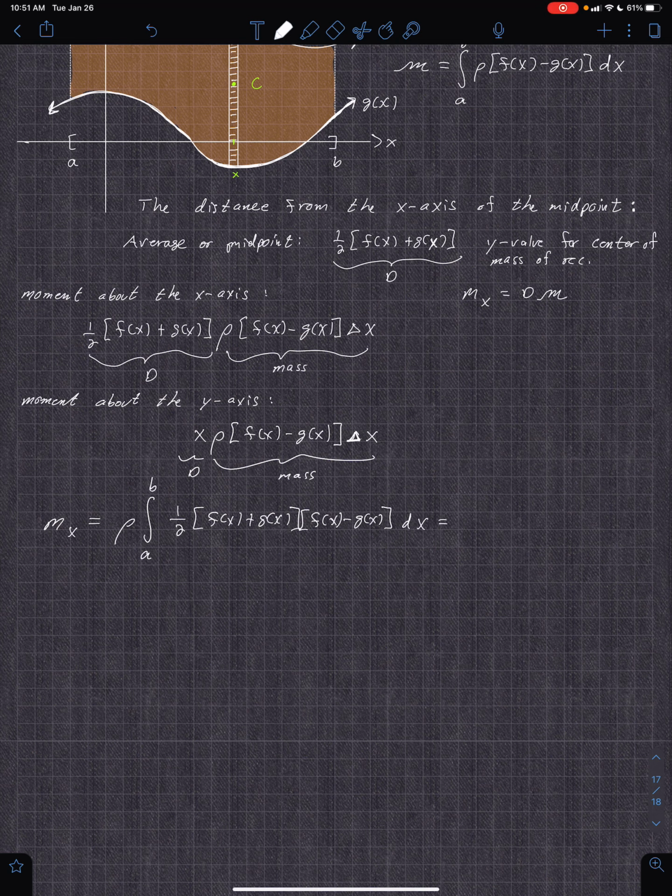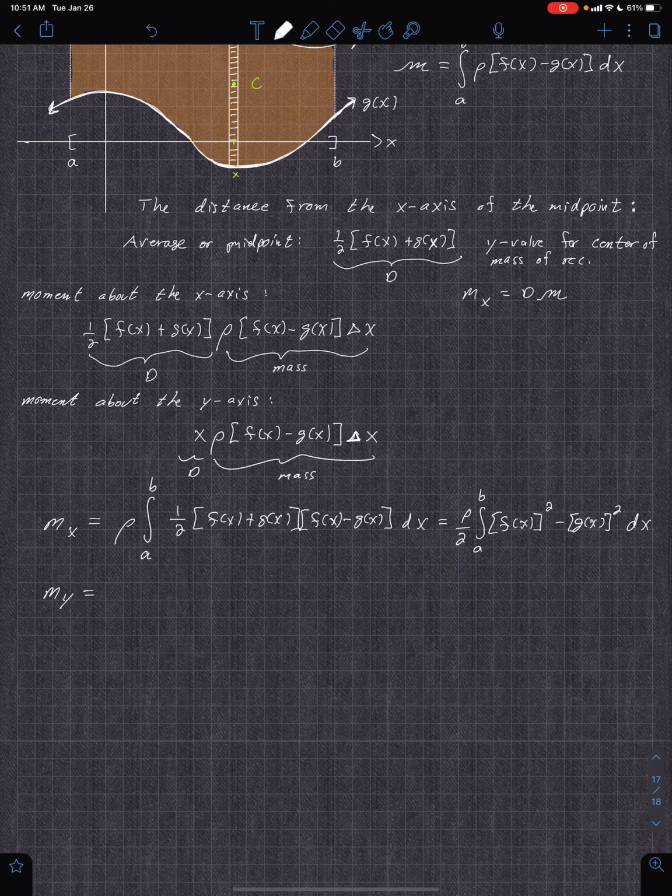And then you can multiply that out if you want, and you get rho over 2, integral from A to B, to make it even better. So 1/2 rho or rho over 2, let's do rho over 2. And then this becomes f of x squared minus g of x squared dx. So once you figure out what's going on in your mass, you can go ahead and substitute into here for your moment about x.